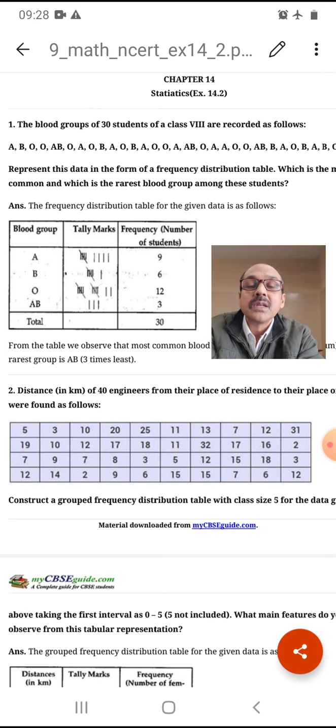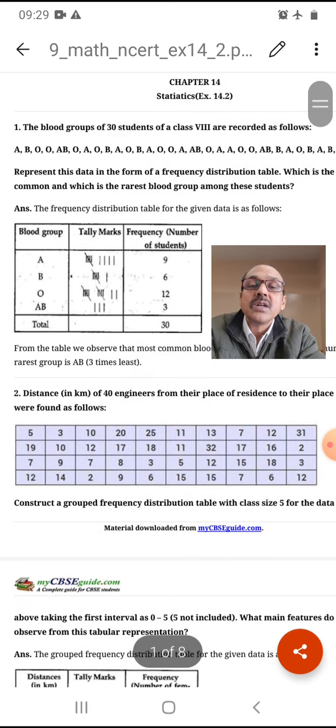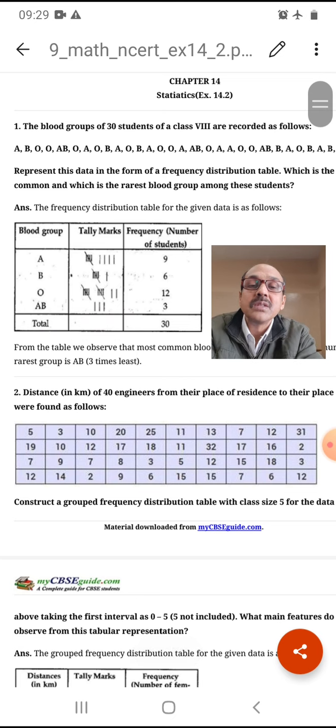So in this way all the blood groups are given. Now represent this data in the form of a frequency distribution table. Which is the most common and which is the rarest blood group among these students?